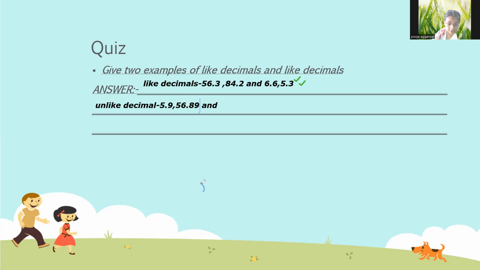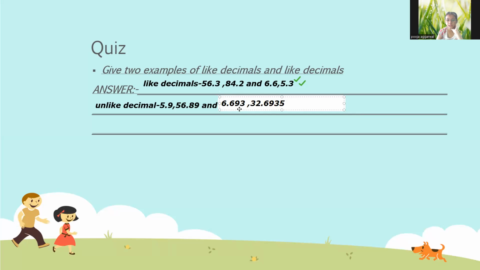Now we are going to write another example. So another example is 6.693 and 32.6935.